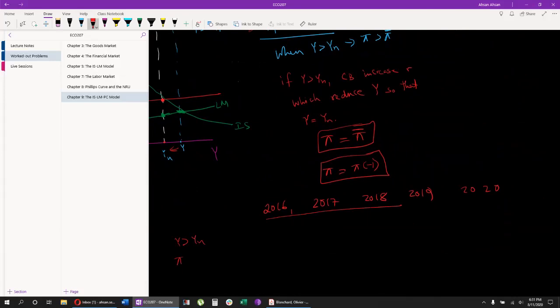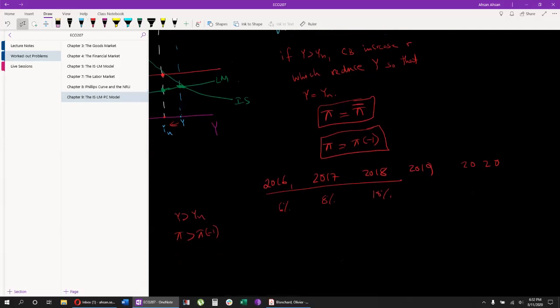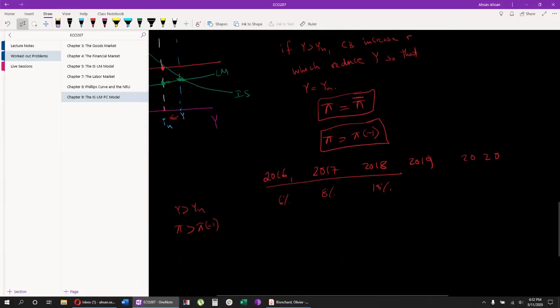As a result, inflation was greater than inflation of the previous year. So this year we had 6% inflation. This year we had 8%. This year we had 10%. After that, the government increases the interest rate, which reduces Y. So now Y is equal to Yn, and pi is equal to pi of the previous year.